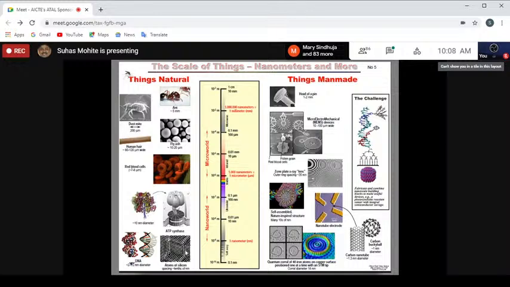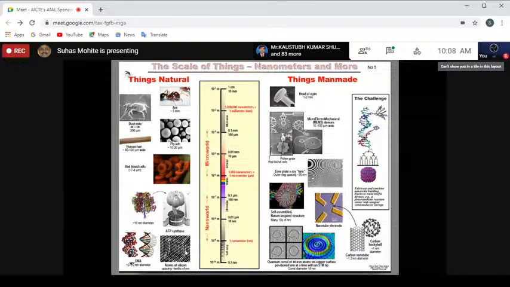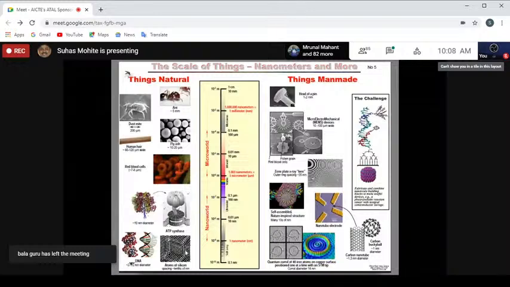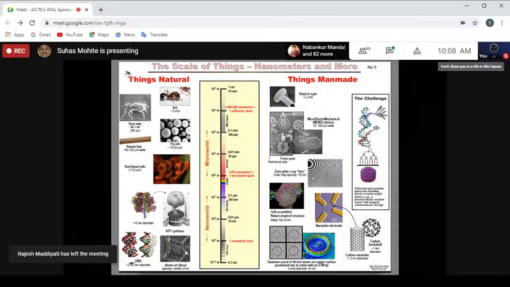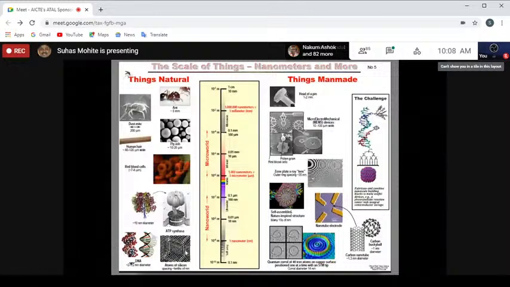For example, if 7 angstrom, which is 0.7 nanometer, is the radius of a gas molecule, and the average distance between collisions of two molecules is 70 nanometers, that is 100 times. That means there is a gap of 100 molecules in between two molecules on average in a gas, right? So there is plenty of room at the bottom.